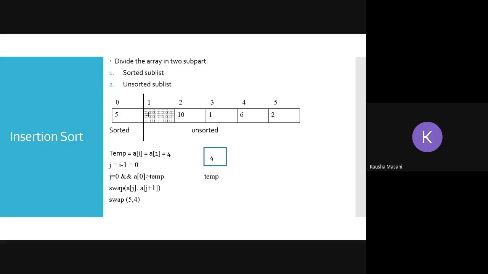The remaining ones we consider as our unsorted sub-array. So the 0th index becomes your sorted sub-array, and the rest of the indexes, irrespective of the size of the array, become the unsorted sub-array.